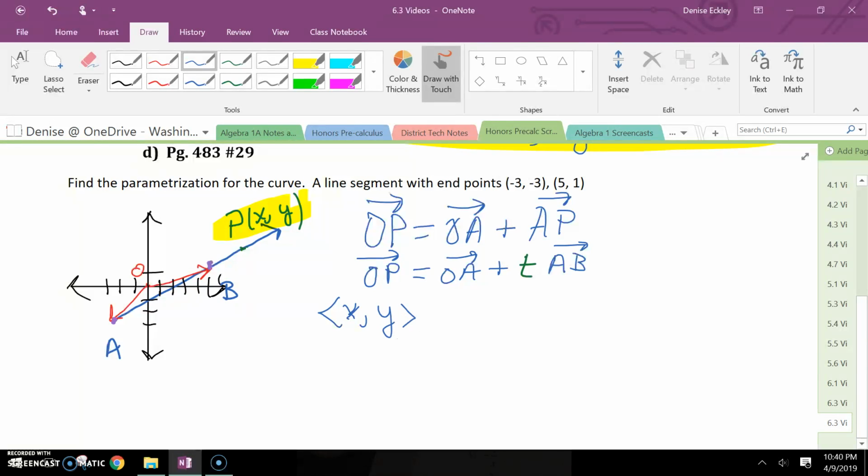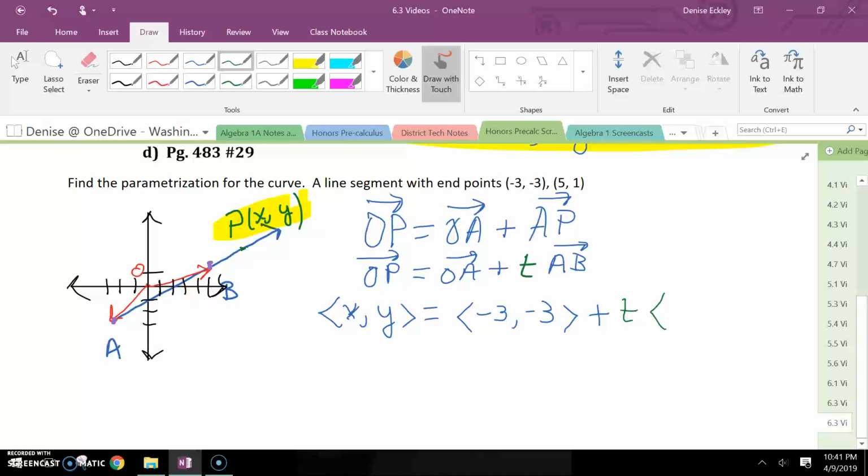which will be the parametric equations, will come from my vector OA, which is just the coordinates of A, which is (-3, -3), since O is at the origin and has value (0, 0), plus some scalar t times my vector AB.